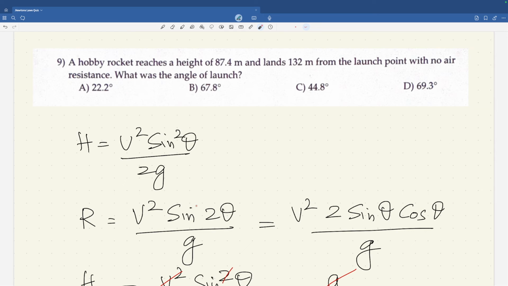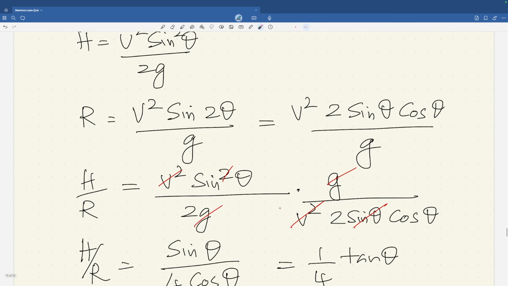But in the formula for range, you have sine 2 theta. See that? Sine 2 theta can be written as 2 sine theta cosine theta. So that's why I've broken it up into 2 sine theta cosine theta. And then what I do is I divide the left-hand side of this equation by the left-hand side and the right-hand side by the right-hand side of this, which you see down here.